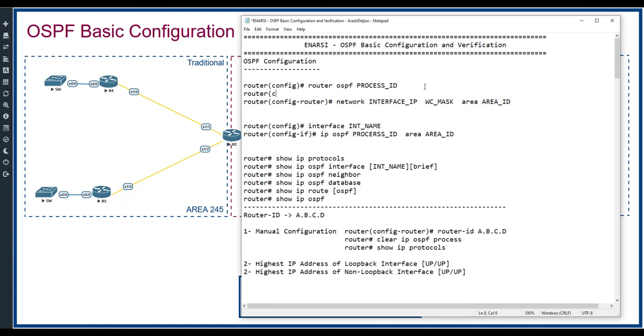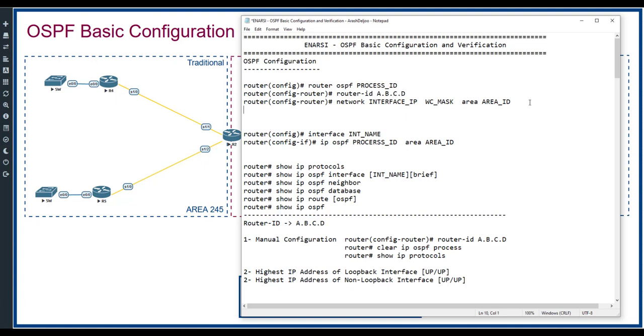Look here in router ospf. The previous command was router-id a.b.c.d, and here you can configure with two methods. One is to configure a single interface as passive: passive-interface, then the interface name.